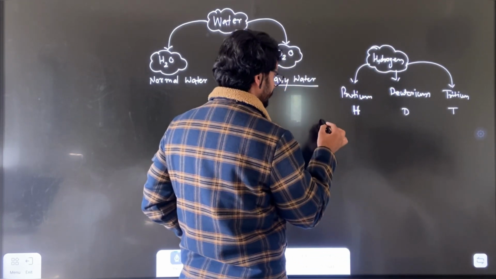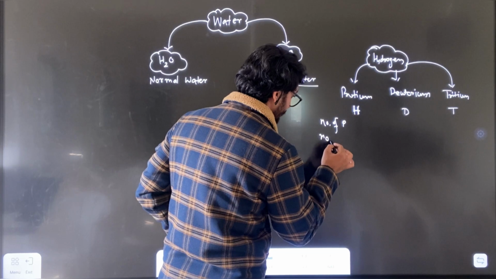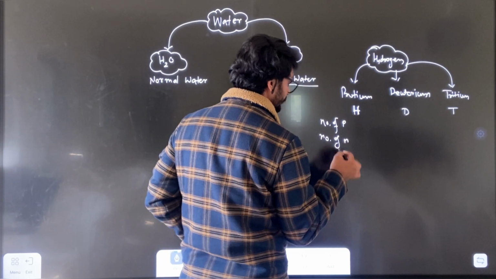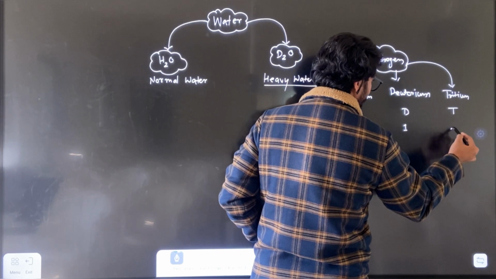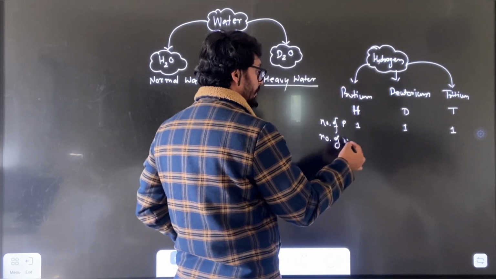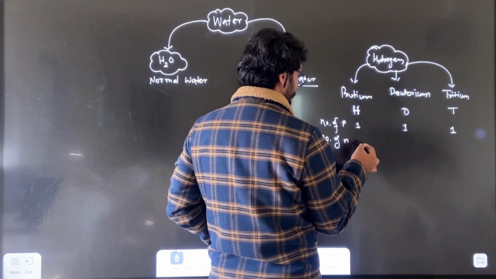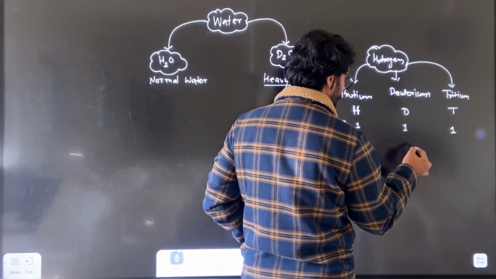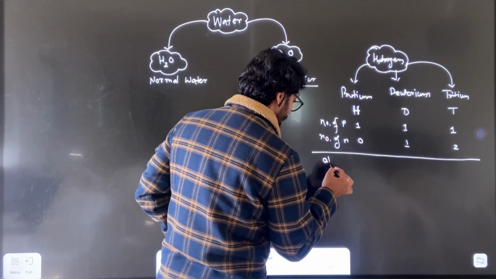In protium, deuterium and tritium, the number of protons is 1 in each. If we talk about the number of neutrons, protium has 0, deuterium has 1 and tritium has 2.